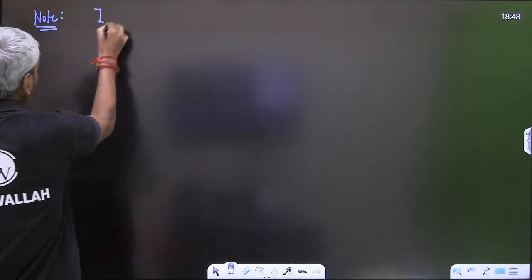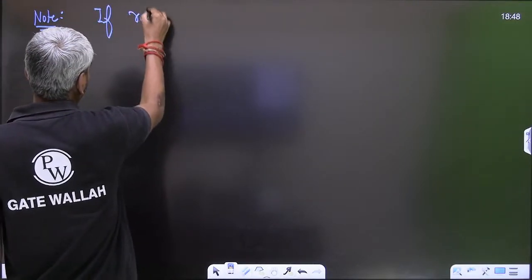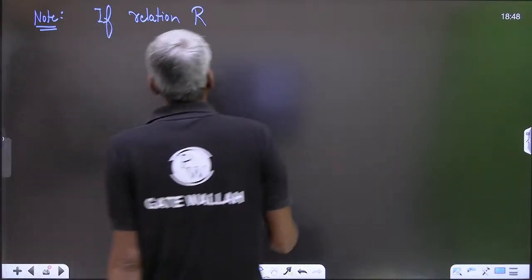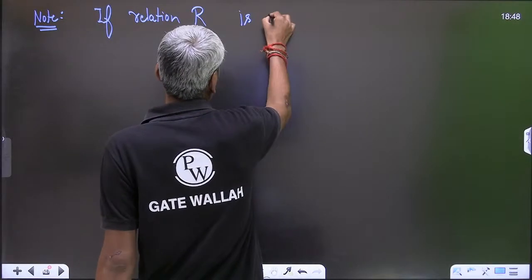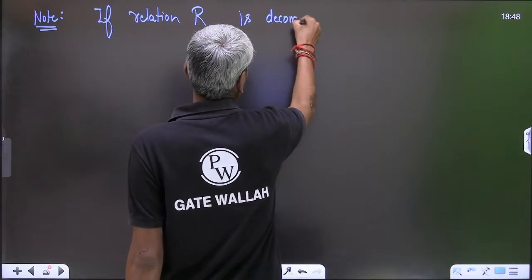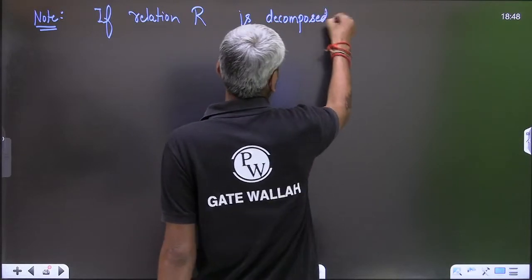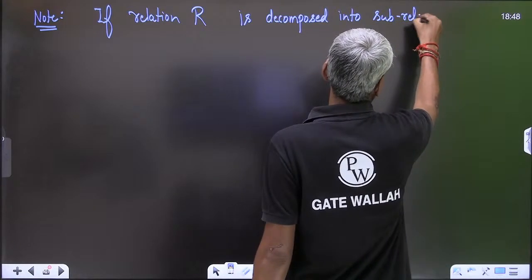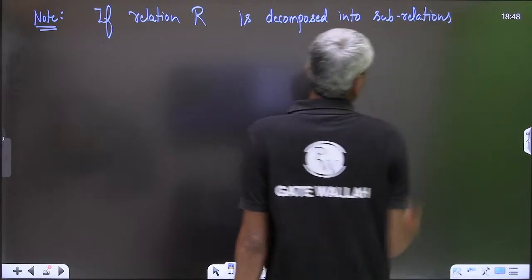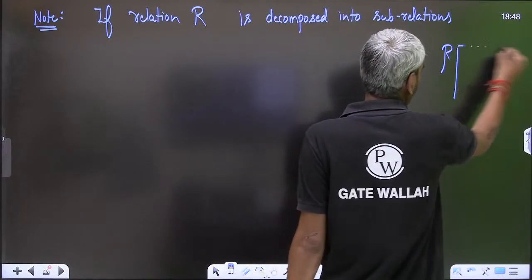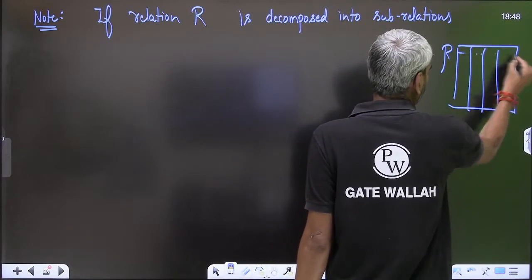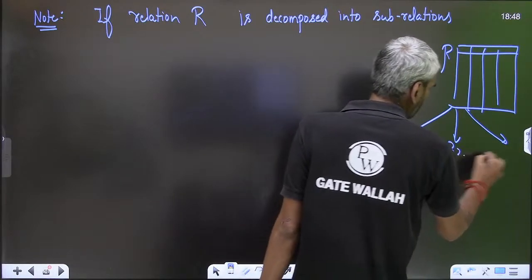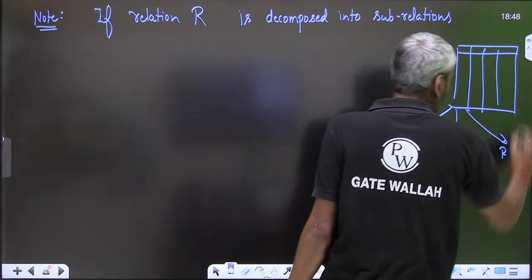If relation R is decomposed into subrelations. So there is a relation R, with so many things in this relation. If you decompose this relation, let's assume that you have created three subrelations R1, R2, R3, whatever.